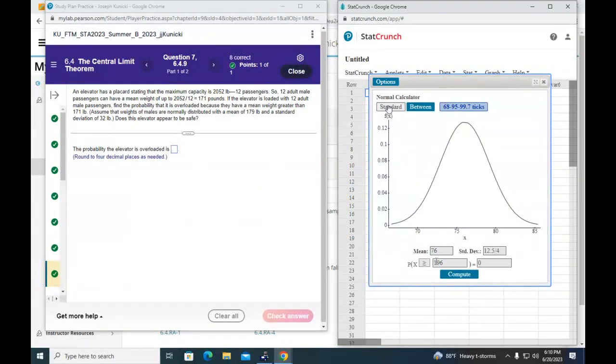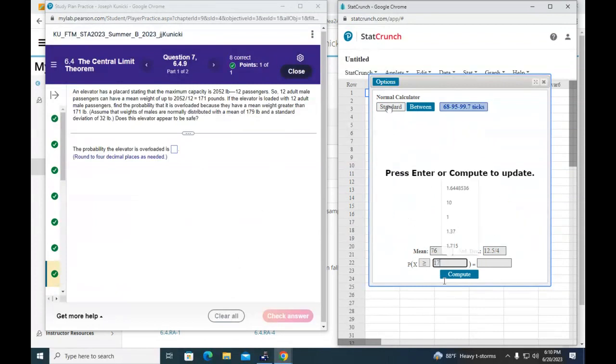So it's going to be greater than 171. For the men, their mean was 179, and their standard deviation was 32. And I got to do the standard error because the 171 is the average of 12 men.